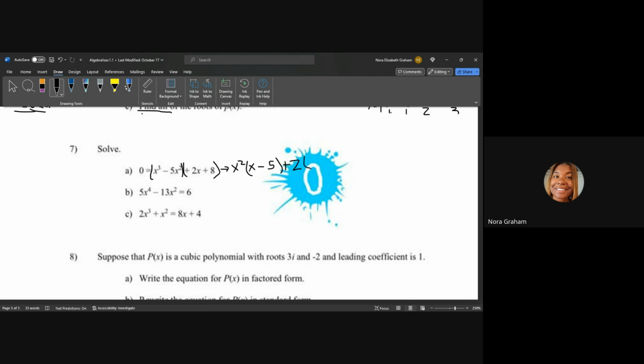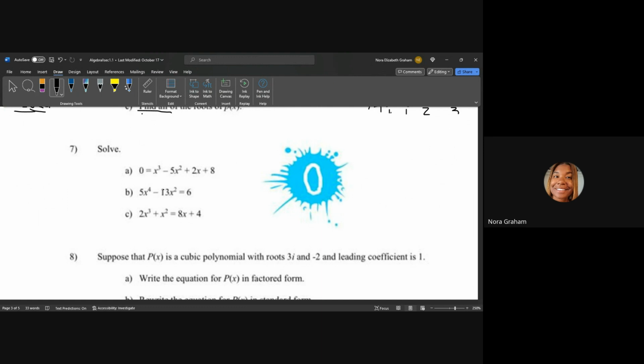Notice I cannot continue because these 2 binomials are not the same. So that's not correct. Okay, I can't move forward with grouping. That's not going to work. So I have to approach this problem a different way.